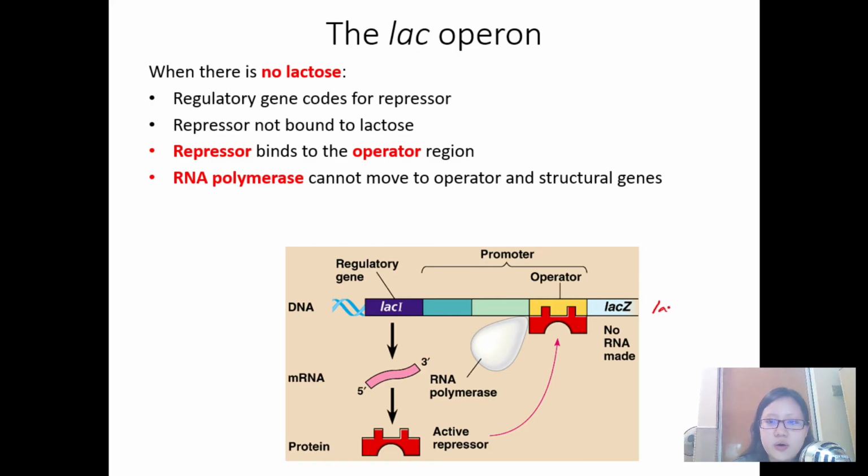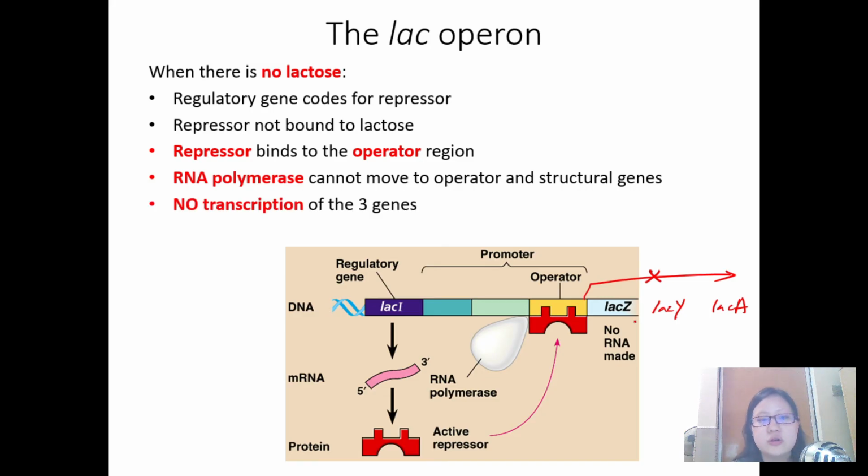There's even lac Y and lac A here, but it cannot do this. It cannot move. So no transcription occurs and the genes are switched off. Now this makes sense because when there is no lactose, why would you want to produce stuff that digests lactose?